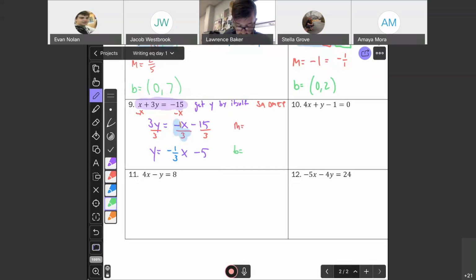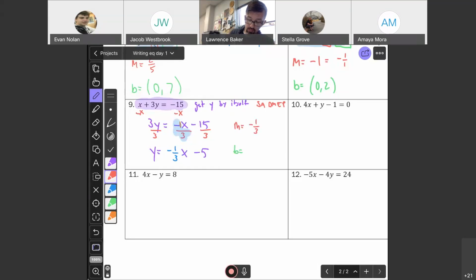So Clover, what's our slope? What was that? Let me try that again. What's our slope? Yeah, that should be negative 1 over 3.